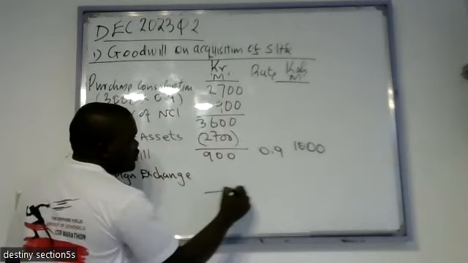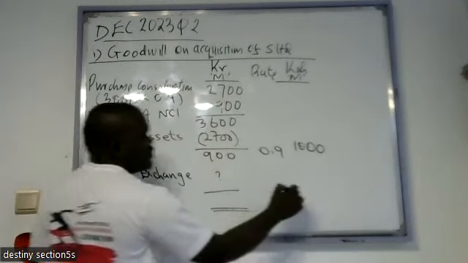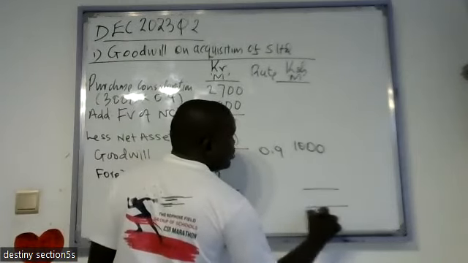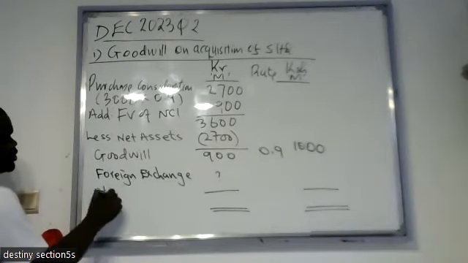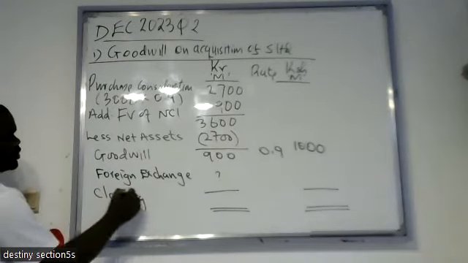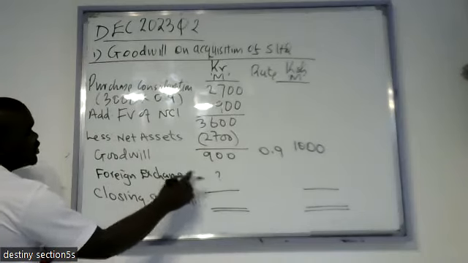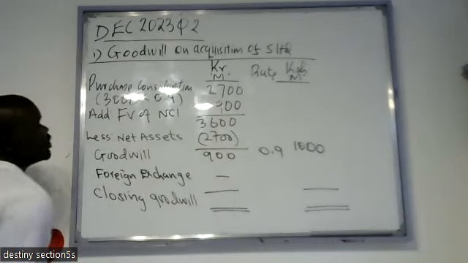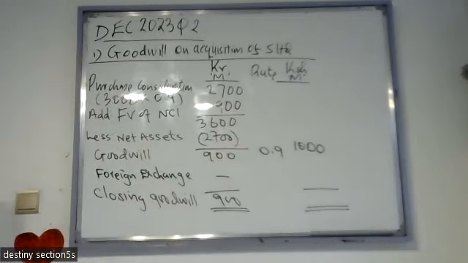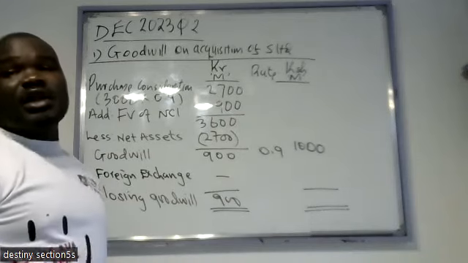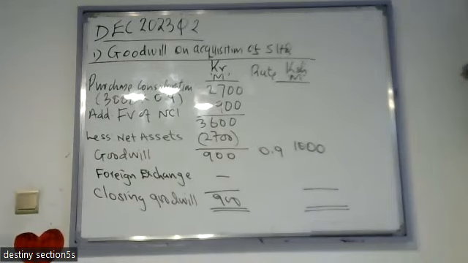So now you leave it hanging there. Then this side. Then you say closing goodwill. So of course, closing goodwill will be 900. Closing goodwill is 900 because there is no impairment. So the closing goodwill is 900.